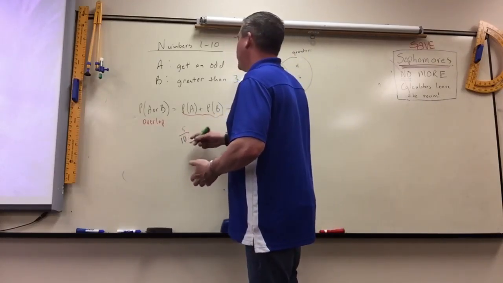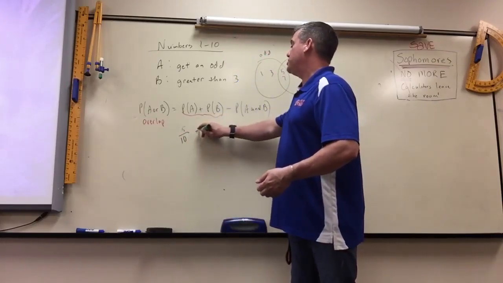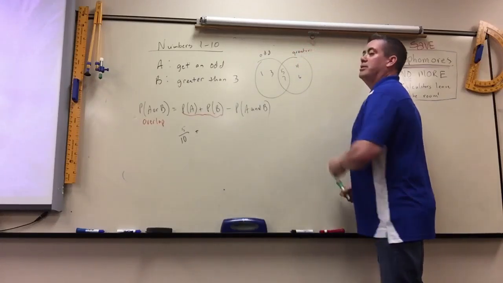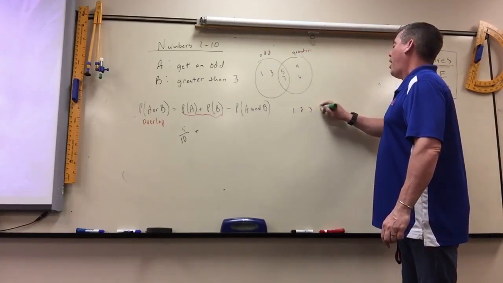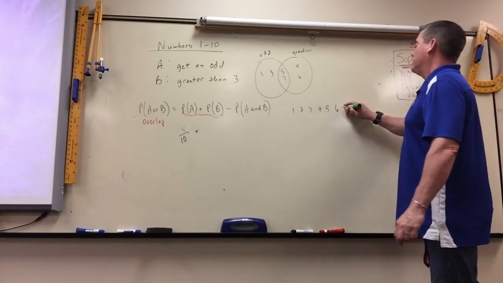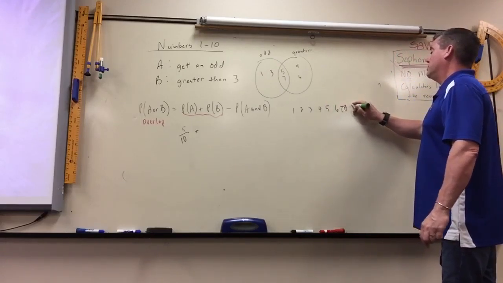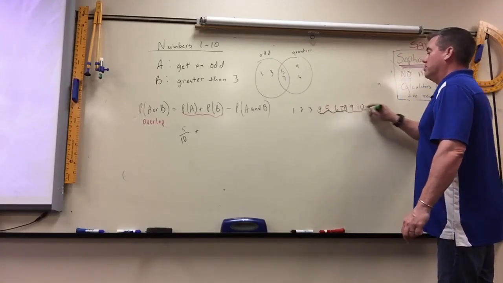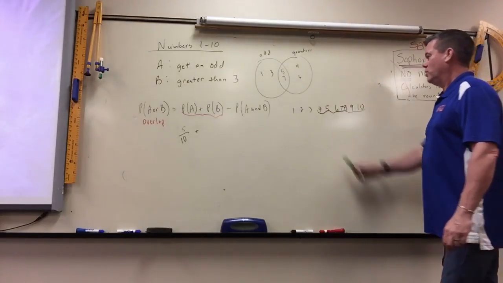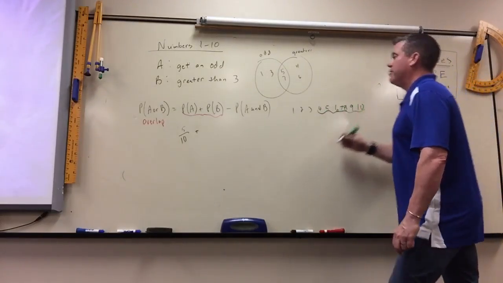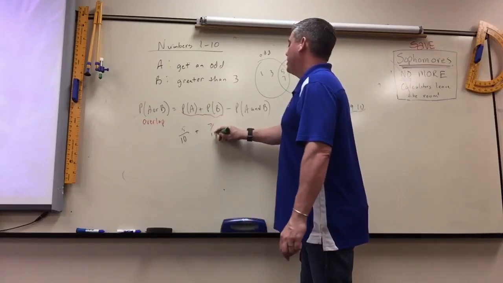So there's 5 out of 10, or a half. Plus the probability of a number greater than 3: 4, 5, 6, 7, 8, 9, 10. That's 7 out of 10.